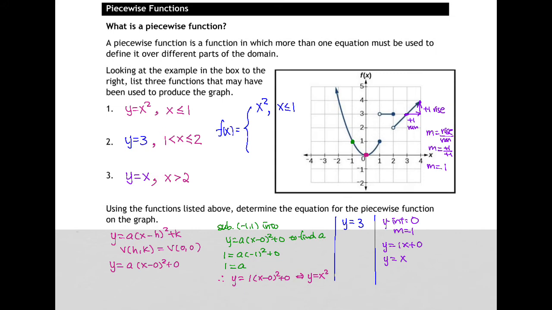Second piece, y equals, and you write 3, and 1 less than x, less than or equal to 2. The third piece, you will read y equals x, and x is greater than 2. And now you have a piecewise function.